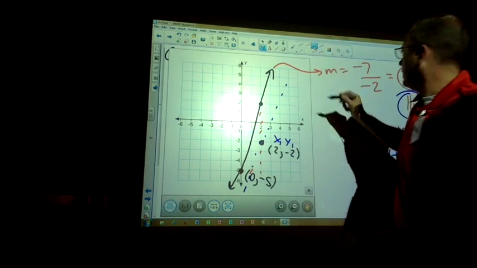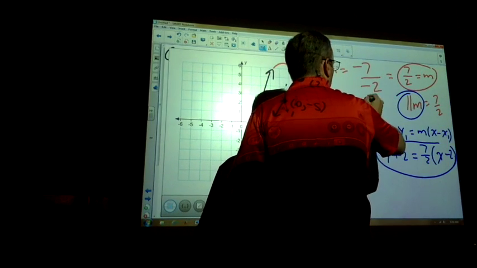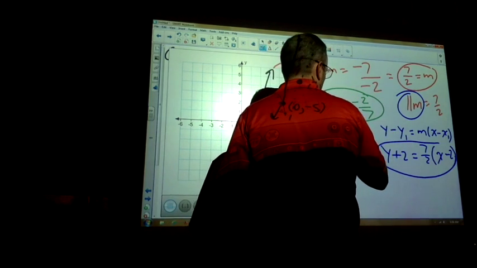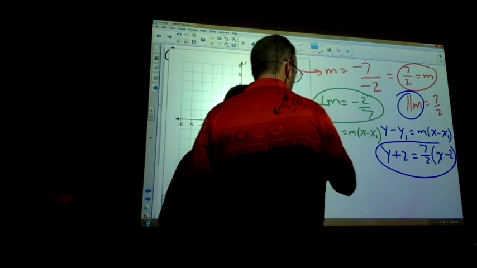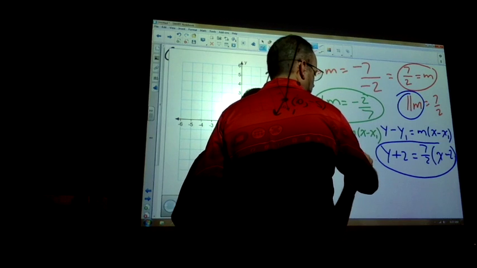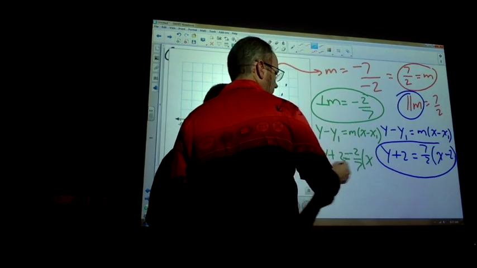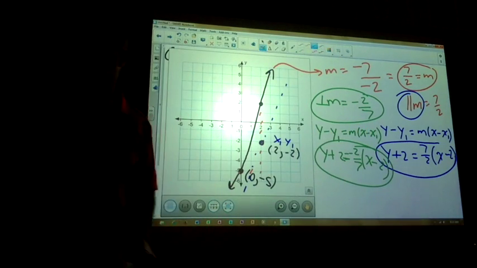And then for the perpendicular, the slope is negative 2 over 7. So I get y plus 2, which is y minus minus 2, equals negative 2 over 7, x minus 2. Good?